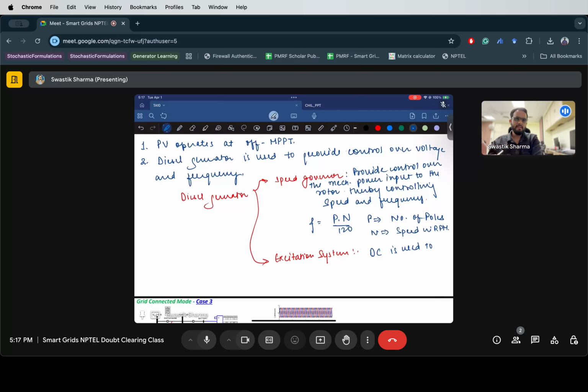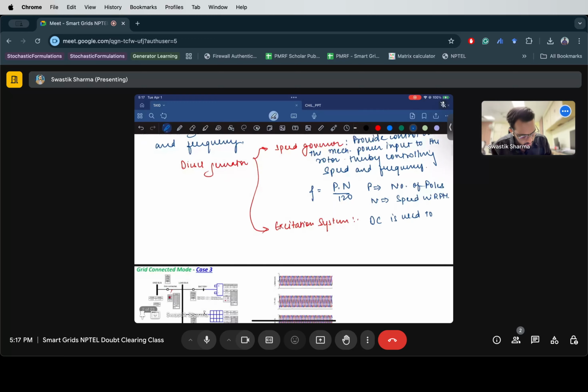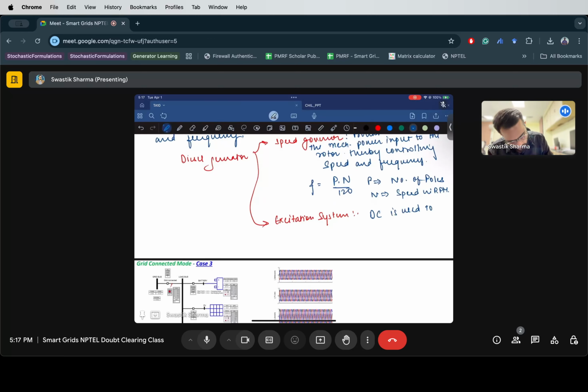When we provide a DC current, a magnetic field forms, and since the rotor rotates, it converts into a rotating magnetic field, right? So DC is used to provide excitation to the rotor winding, producing a magnetic field.